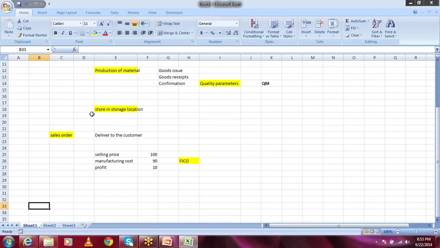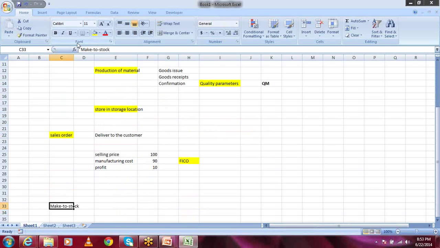In this scenario, you won't get the sales order, but you need to manufacture. If you want to manufacture, you have to plan that product. For that also you require planning. That scenario is called make to stock. You are making for stock purposes, and you will keep the stock.